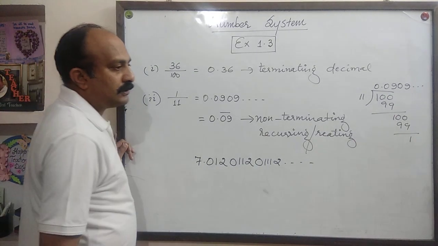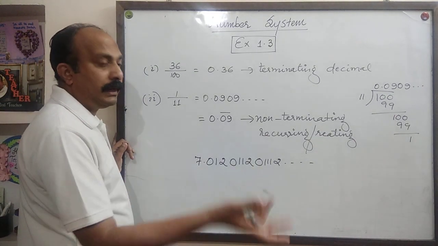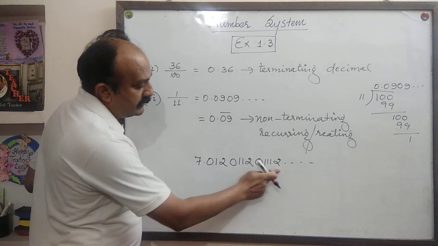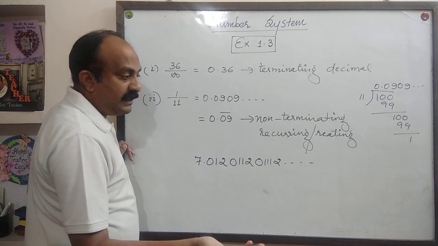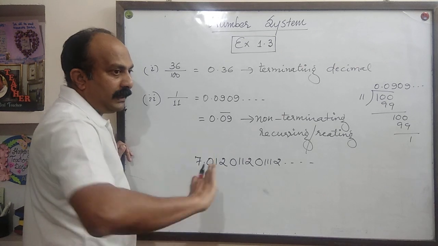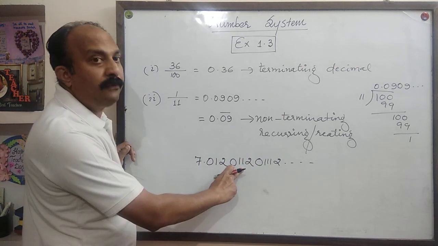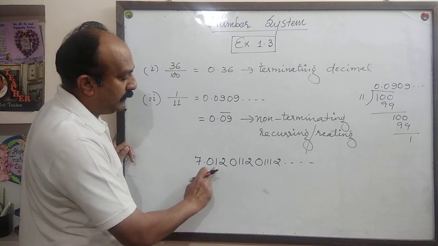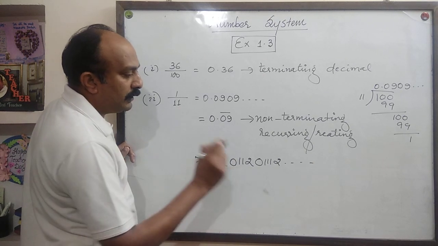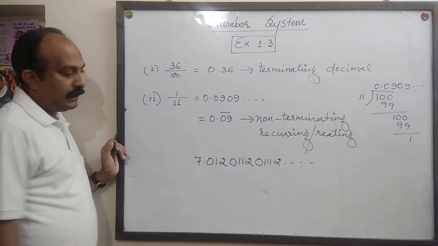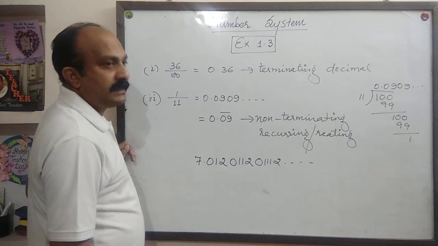This type of number is called non-terminating non-recurring. You can see the digits 0, 1, 2 appear, but they are not repeating in any pattern. Here only 1 is increasing, but not 0 and not 2. So we cannot put a bar above any digits in such numbers.